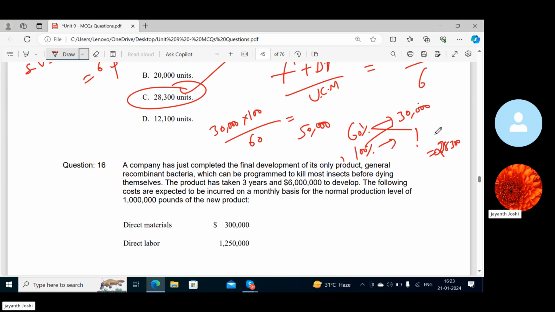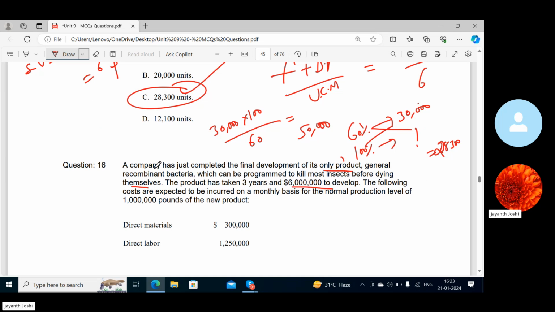A company has just completed the final development of its only product, general recombinant bacteria, which can be programmed to kill most insects before dying themselves. The product has taken 3 years to develop.